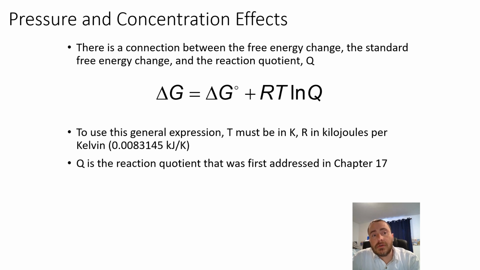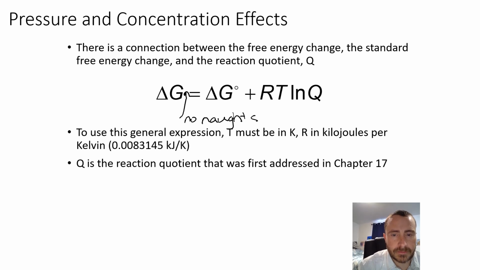All right, well, we can also have changes to our spontaneity when pressure and concentration are not at standard conditions. When they are not at standard conditions, notice that our delta G is equal to delta G naught plus RT ln of Q. So, number one, there's no naught symbol, so that means that we are not at standard conditions.